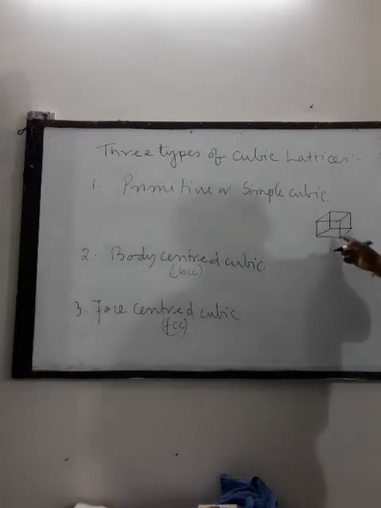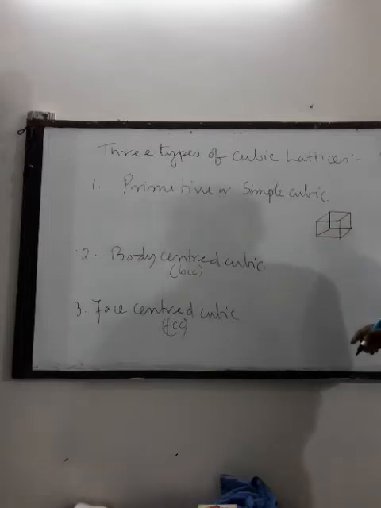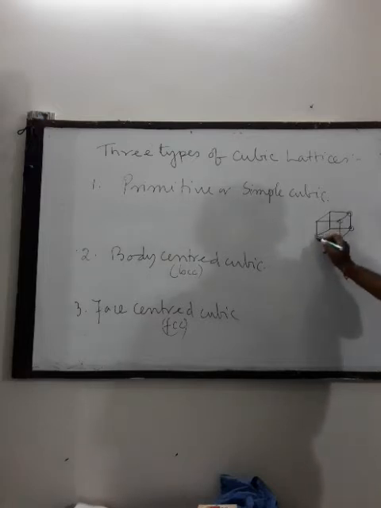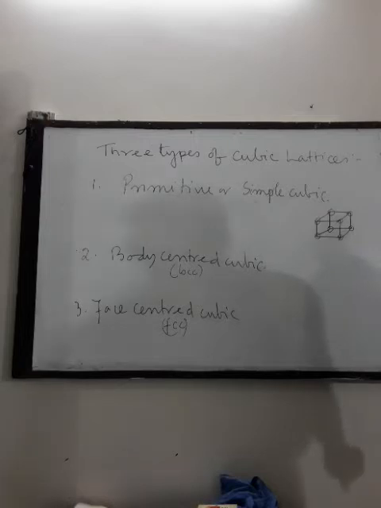all sides are same and all angles are also same and equal to 90 degree. So this one is known as simple cubic or primitive. In this case, atoms, molecules or ions, which are known as points, are present at 8 corners of the unit cell. Actually a cubic unit cell contains 8 corners.